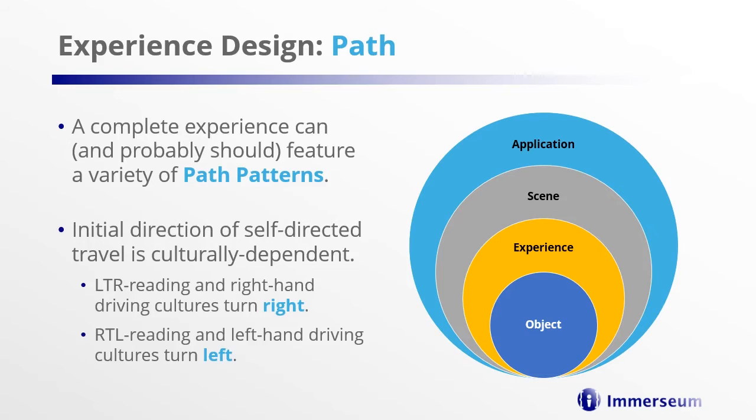That's the first thing that they do. People who come from cultures who read right to left, or also the Brits who drive on the left-hand side of the street, their first instinct is to turn left. We have found exactly the same behavior in VR environments. The direction that people turn initially is entirely consistent with those results. Just simply something to be aware of.